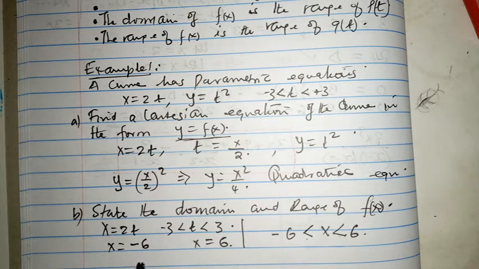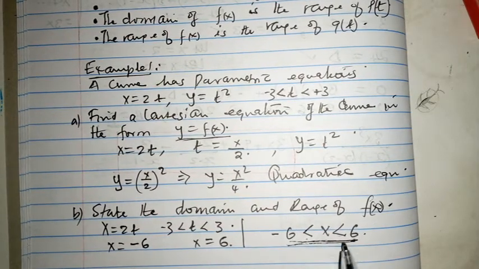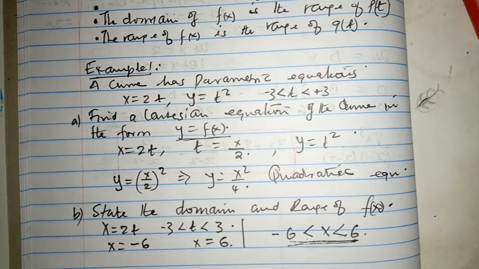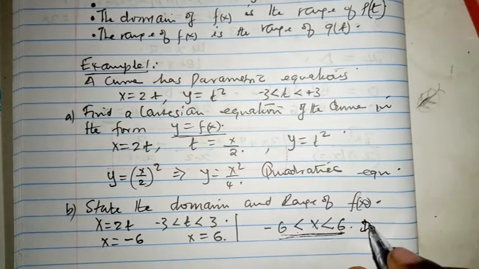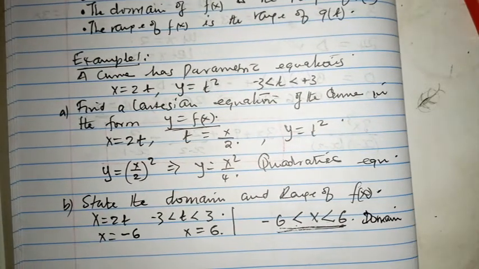What do we mean by the range of the parametric equation? When we substitute in the function of x, we get the upper and the lower boundary. This is now the domain.